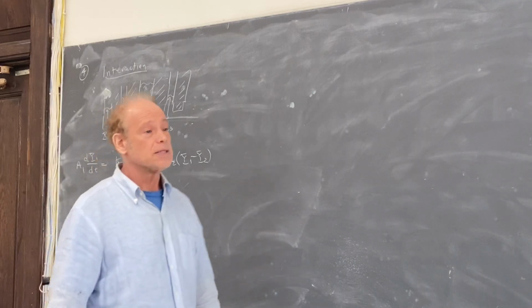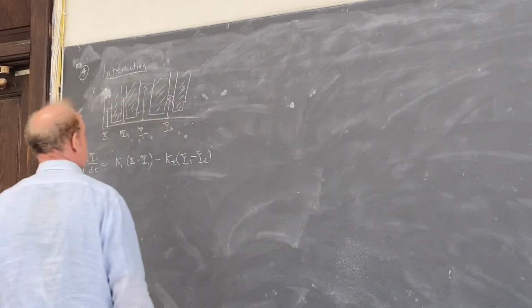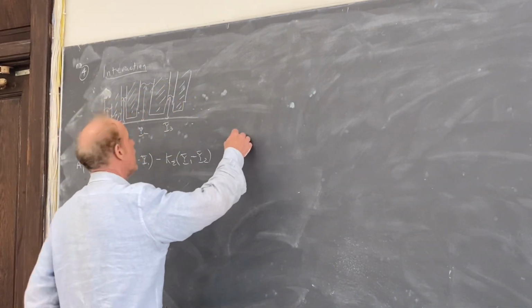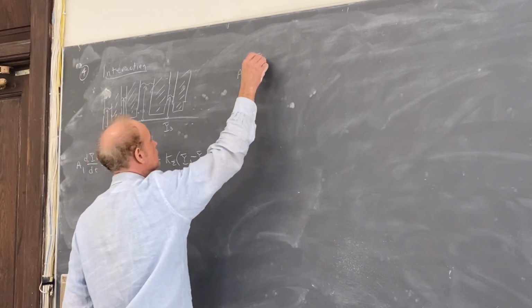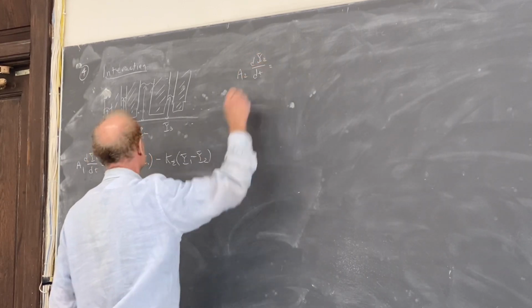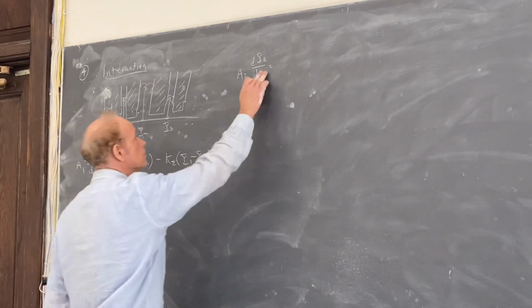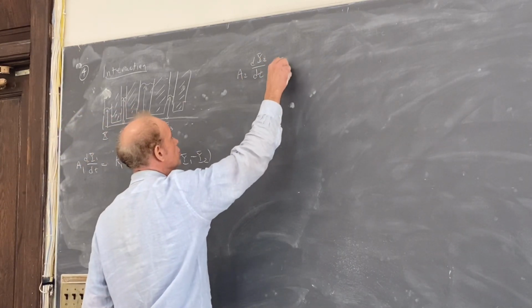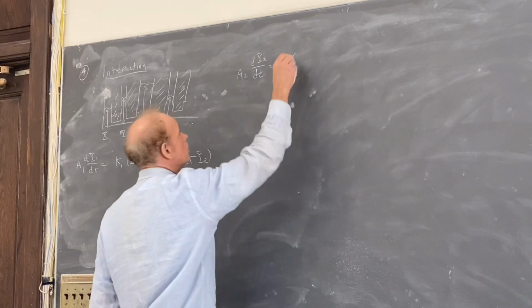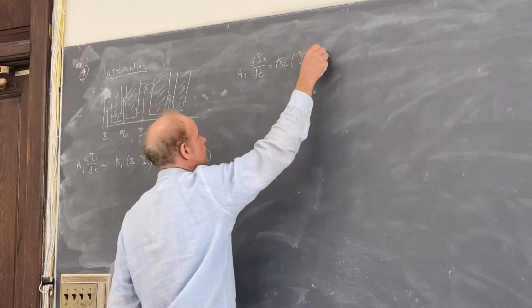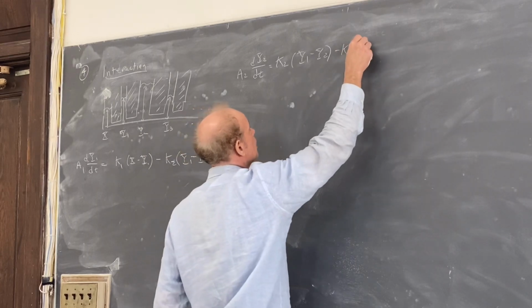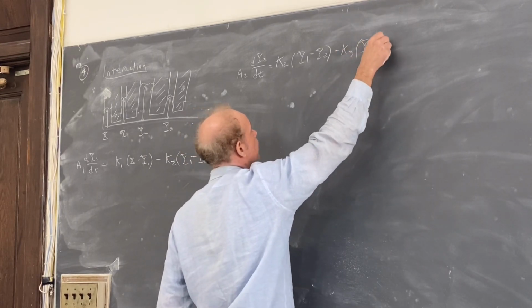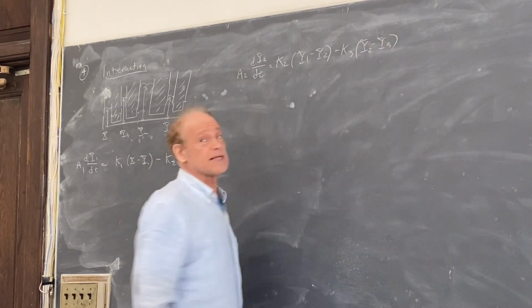And similarly, if I do the same thing for y2, I have A2 dy2/dt. That's equal to K2 times (y1 minus y2) minus K3 times (y2 minus y3), etc.